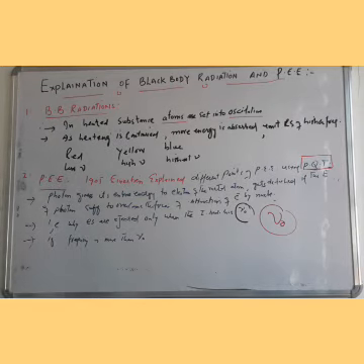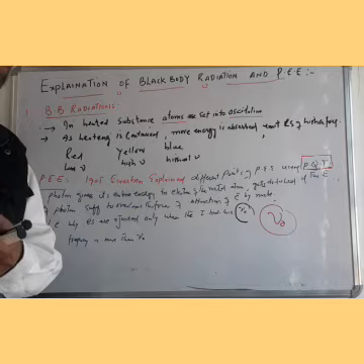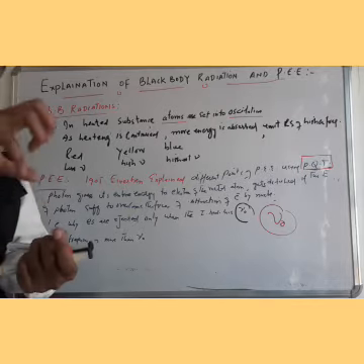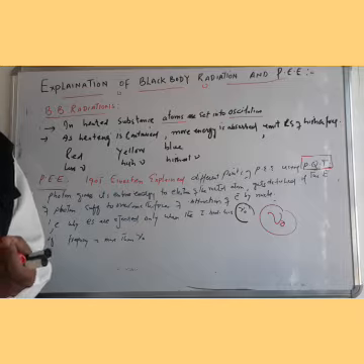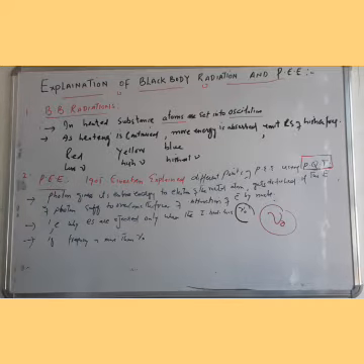The second point was that the velocity of the electron increases with the frequency of the incident radiation. Why so?